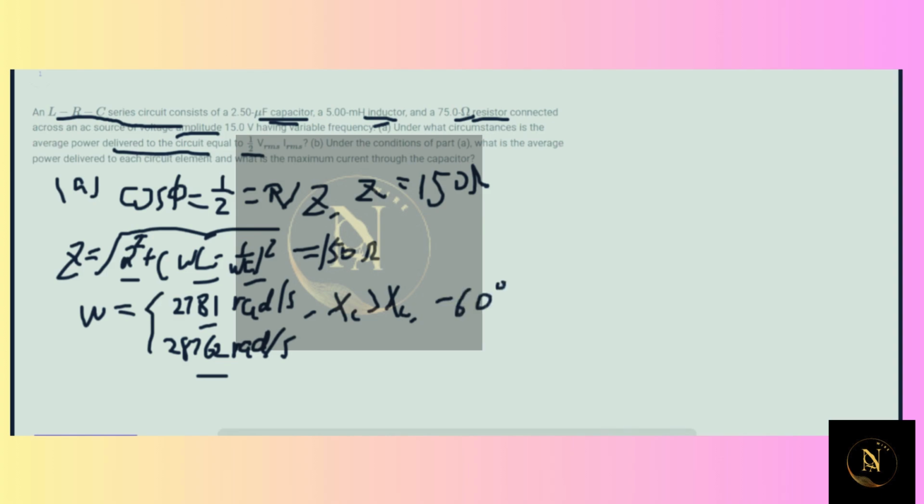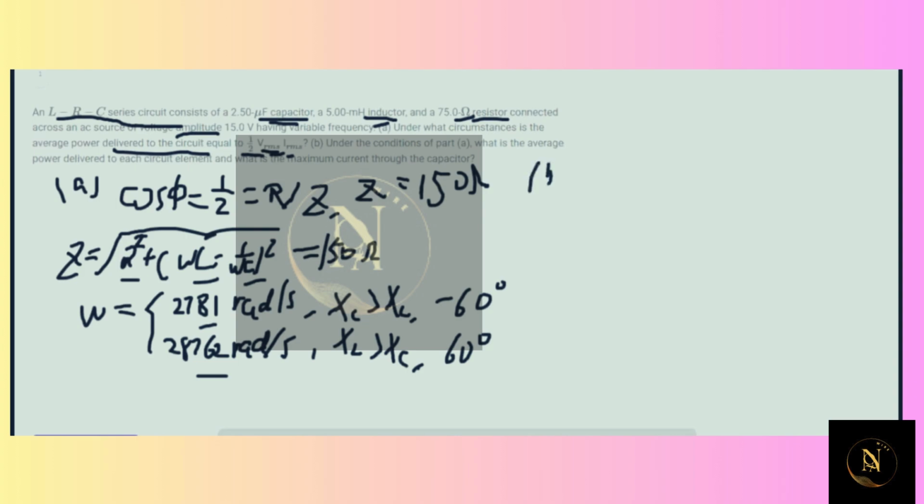But for the second case, the reactance of L is greater than the reactance of C, so the phase angle equals 60 degrees. But both of them have the half factor in front of this V times I.